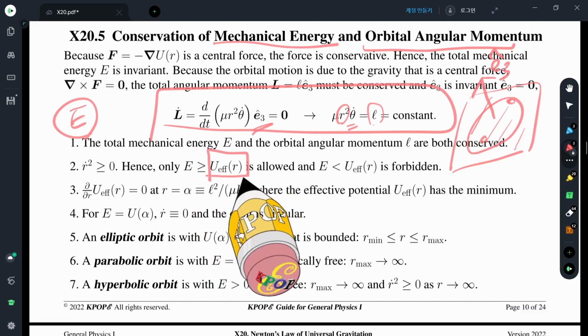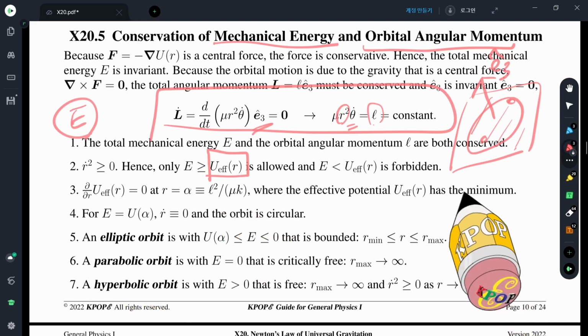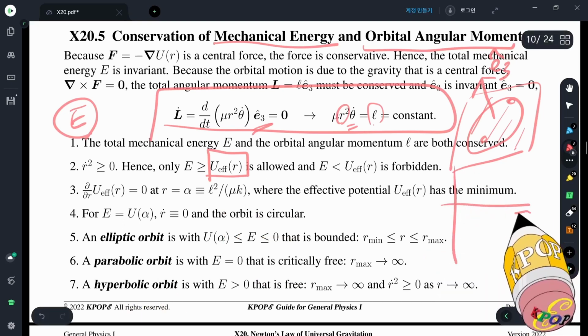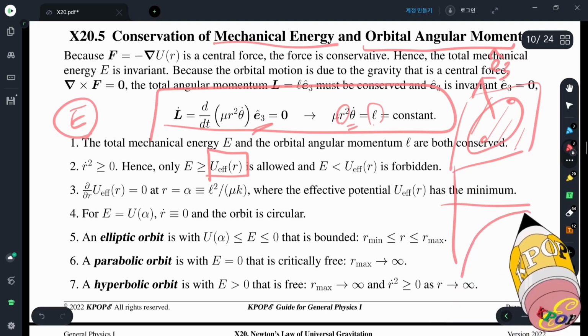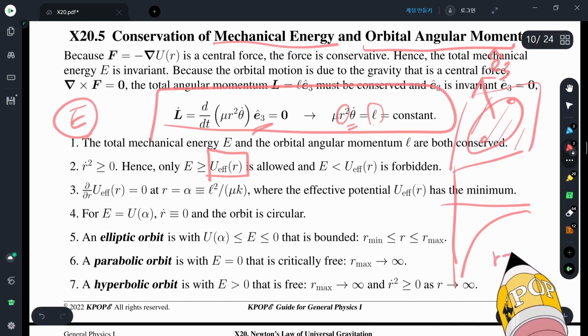Actually, this is not a potential energy, but an effective potential energy. In this one-dimensional problem, originally the potential energy diverges to minus infinity as r goes to 0.